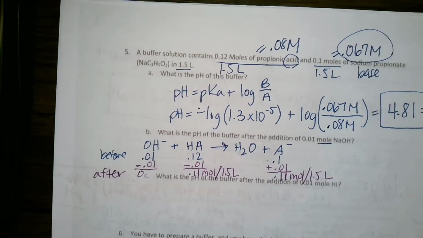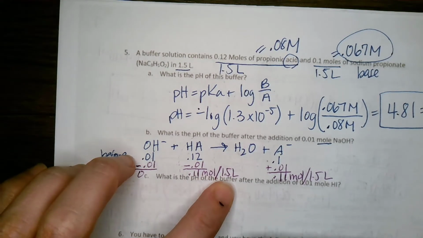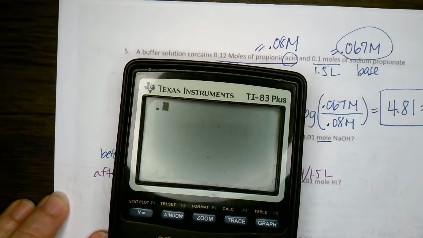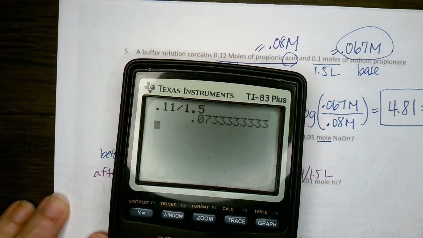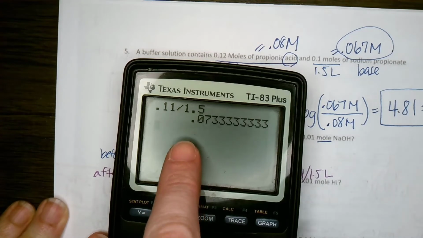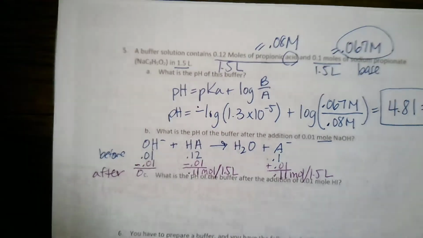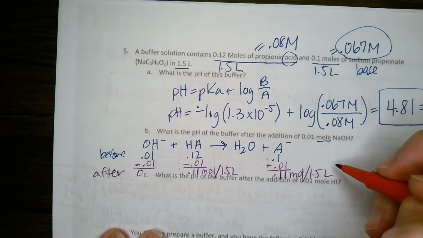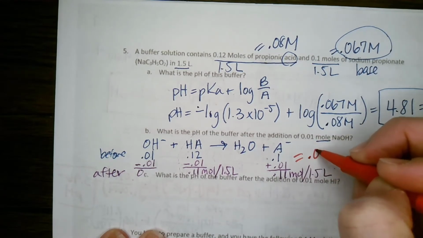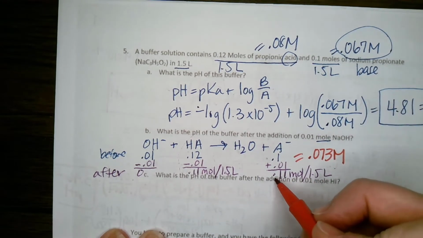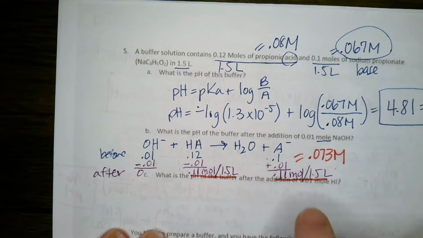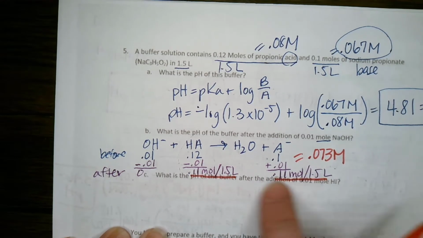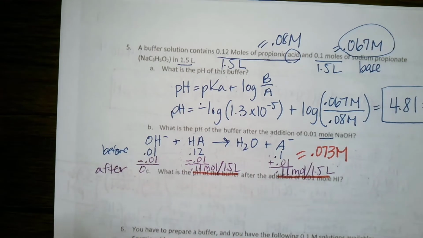So let's find those concentrations. 0.11 divided by 1.5 gives me a concentration of 0.073. I'm going to write that here. It's the same concentration for both of these, 0.11 divided by 1.5, so I'm just going to write it once since I don't have very much room.